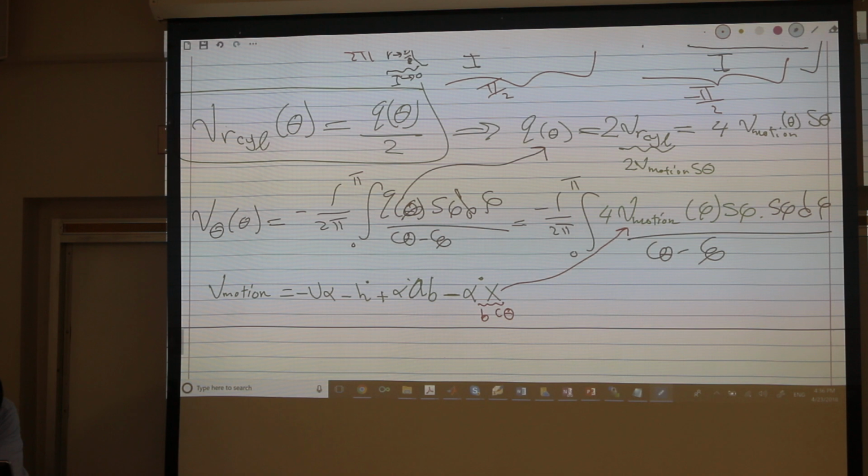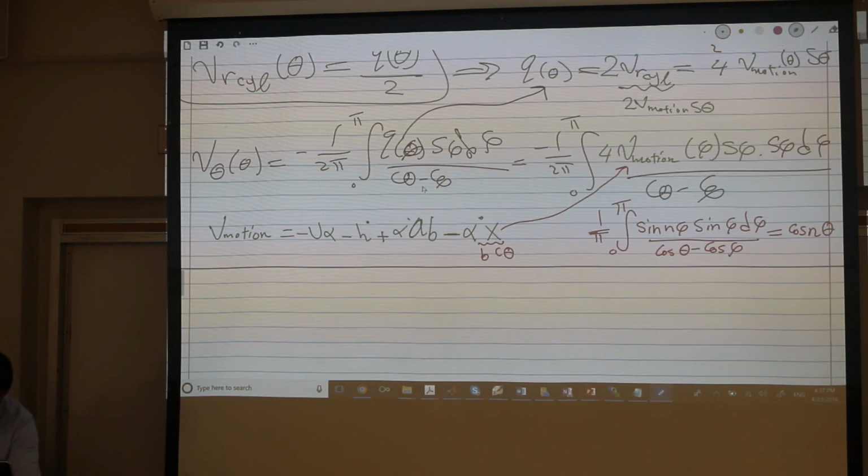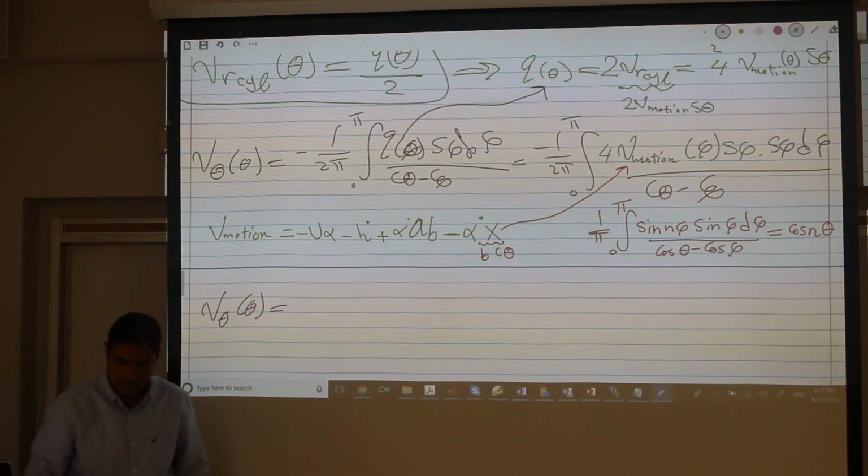And I'm reminding you of the integral of cosine n phi, sine phi, d phi over cosine theta minus cosine phi, one of the famous integrals from 0 to pi, which is pi sine n theta over sine theta. So if we do this integral, we'll immediately get our V theta as a function of theta, let's get that.